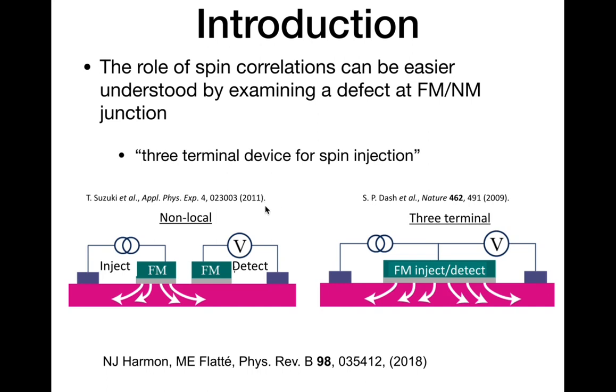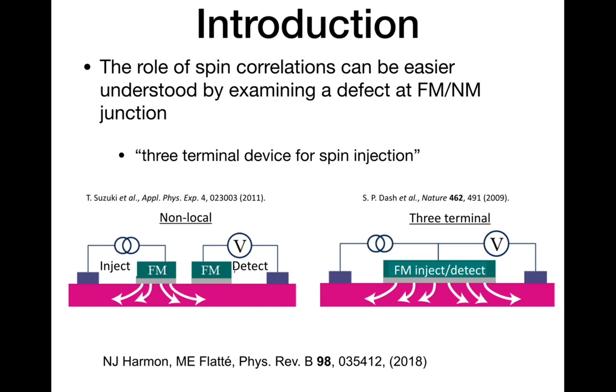All right, so some of you may be familiar with a 3-terminal device for spin injection, which is somewhat controversial, I should say. Like here you have a ferromagnet, which is serving as a spin injector and spin detector into this magenta semiconductor down here. And the Hanle effect is used to determine whether there's spin injection or not.